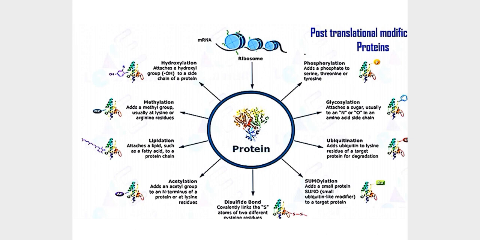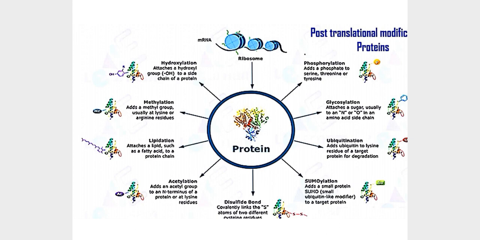SUMOylation adds a small protein, SUMO, small ubiquitin-like modifier, to a target protein. A disulfide bond covalently links the sulfur atoms of two cysteines. Acetylation adds an acetyl group to the N terminus of a protein or to lysine residues.